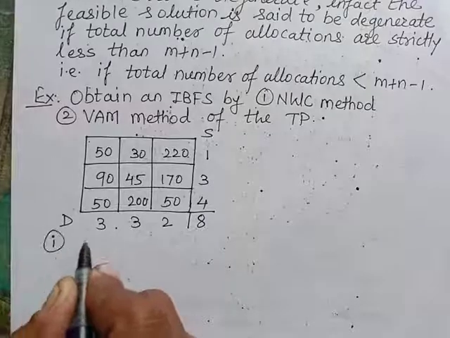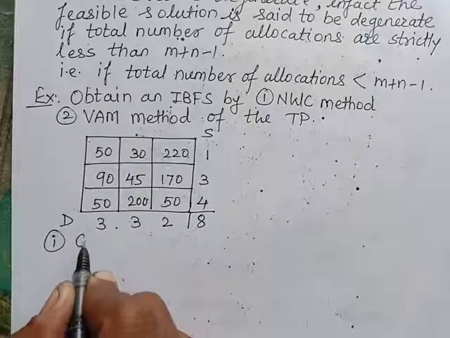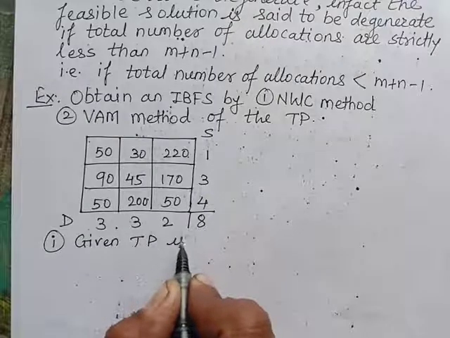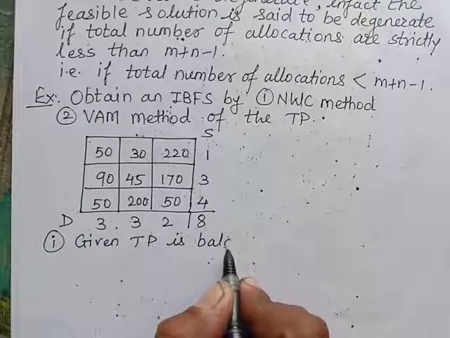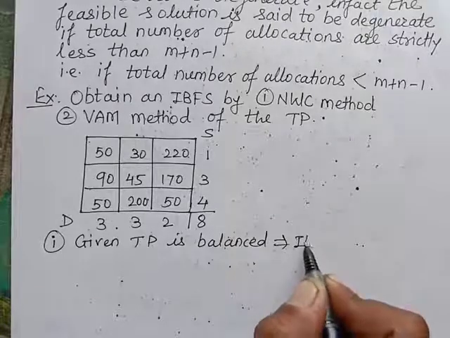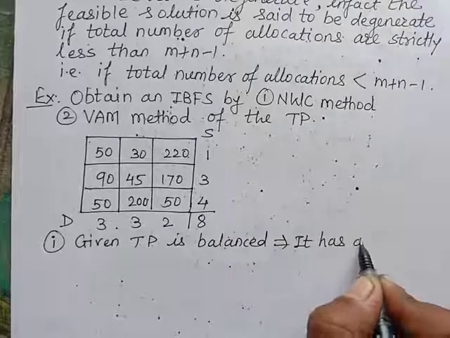So first, the given TP is balanced, implies it has a solution.